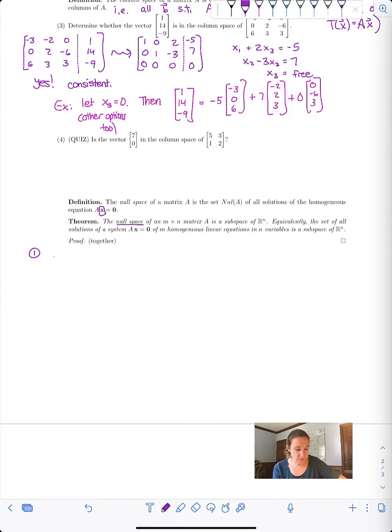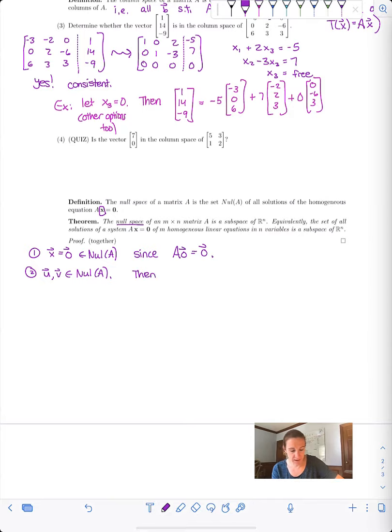First of all, x equals 0 is in the null space of A, because if you multiply A times the zero vector, you get back the zero vector, and what we want is values that give us the zero vector. The second statement says, if u and v are in the null space of A, let's write an equation involving u and v, because it's always easier to do proofs with equations.